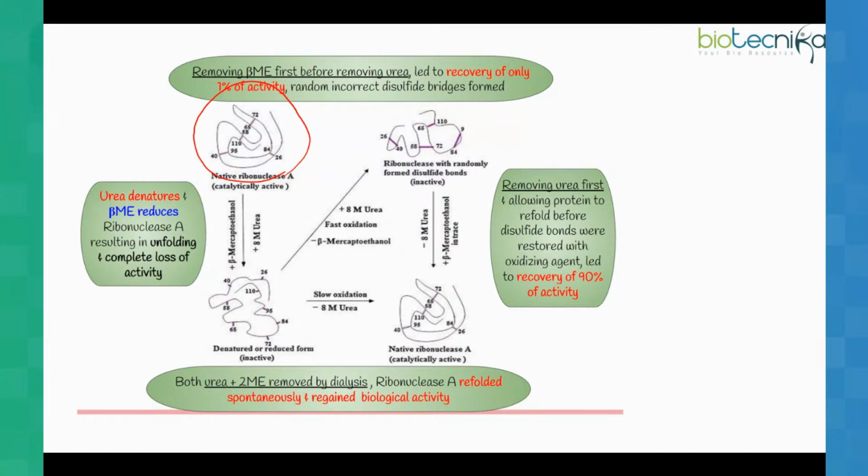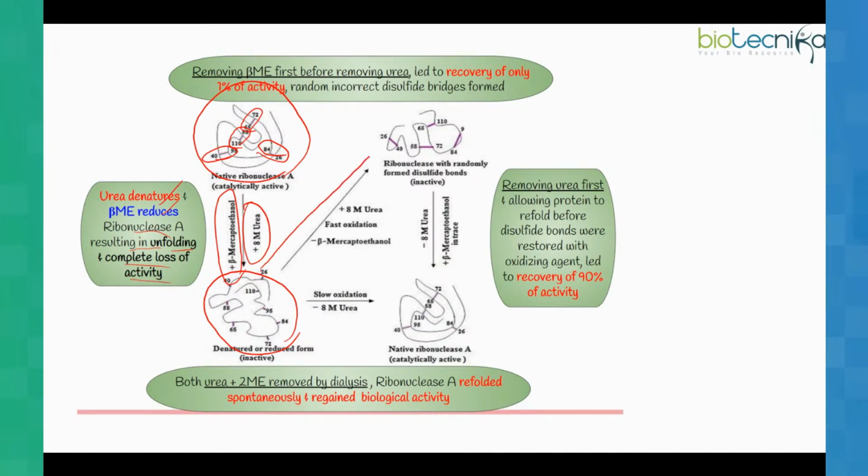For example, the 40th and 95th should bind, 84th and 26th should bind, 65th and 72nd cysteine residues should bind. So what happens when you treat with beta mercaptoethanol and urea? You can see all the disulfide linkages are opened up, because urea denatures and beta mercaptoethanol reduces ribonuclease A, which results in the unfolding and complete loss of activity.